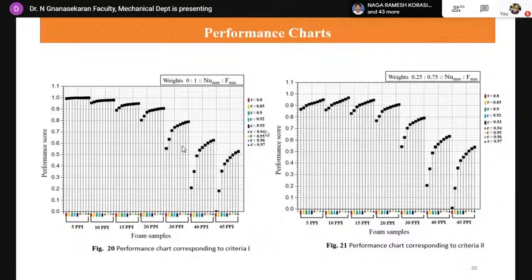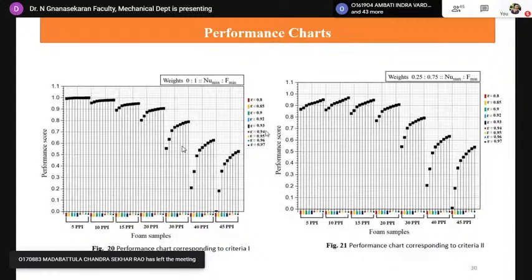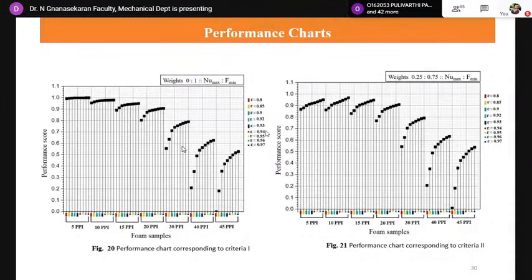Instead of 5 PPI, it now moves towards 10 PPI. So for 10 PPI at different porosities, the performance score is slightly increased, especially for porosities like 0.97, 10 PPI, you could see more performance score. So this is criteria 2.